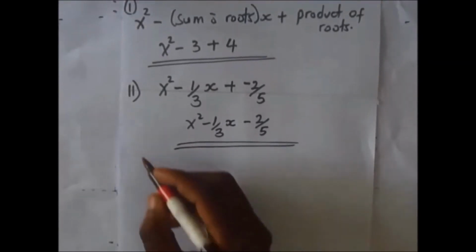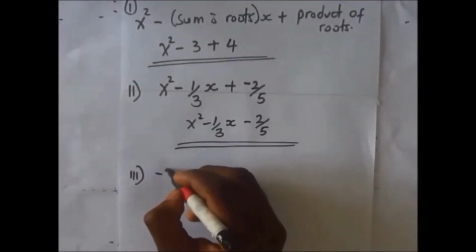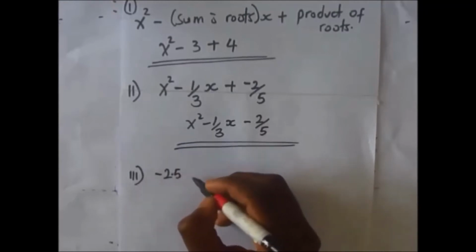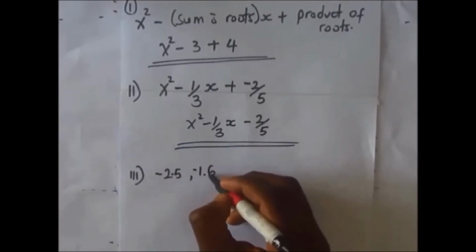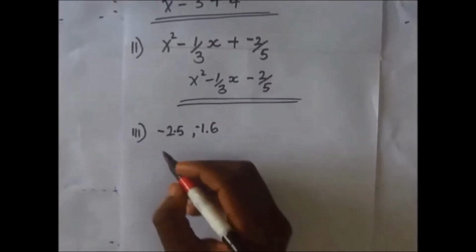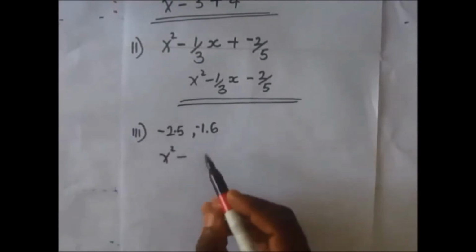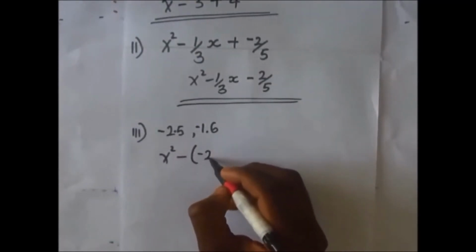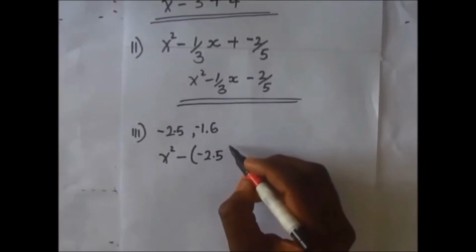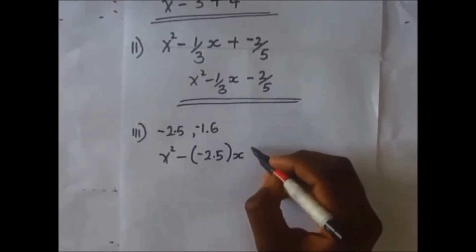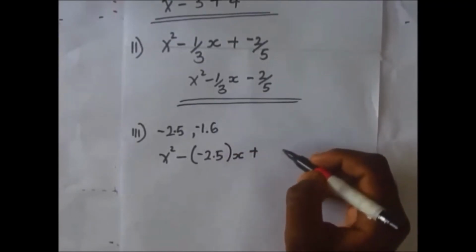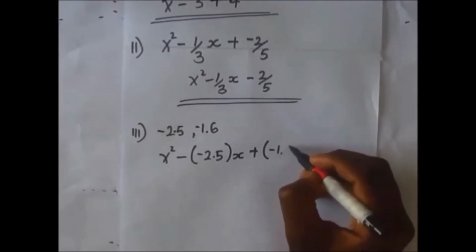Let's do the last one. The last one is saying the sum is negative 2.5 and the product is negative 1.6. So it's still going to be x squared minus the sum, which is negative 2.5, x plus the product, which is negative 1.6.